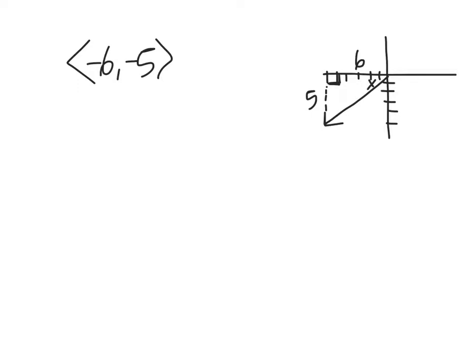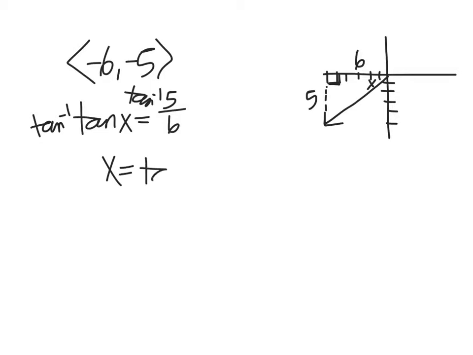180 degrees. To find the measure of X, I'm going to say the tangent of angle X is opposite over adjacent. Opposite is 5, adjacent is 6. So the tangent of X should be 5/6. Now I'm going to do inverse tangent of both sides. So in my calculator, I'm going to take the inverse tangent of 5/6.